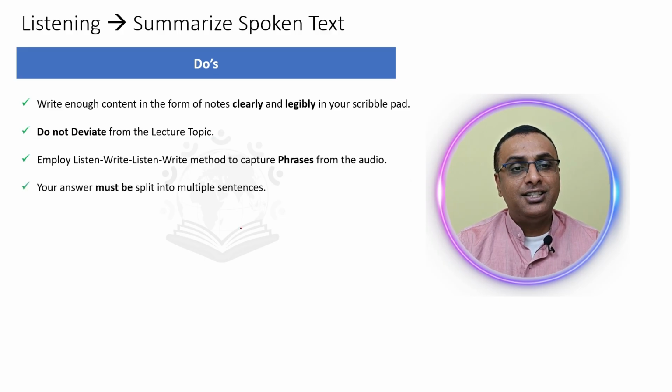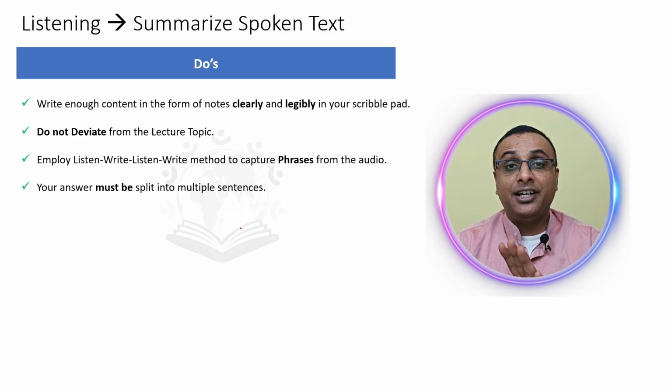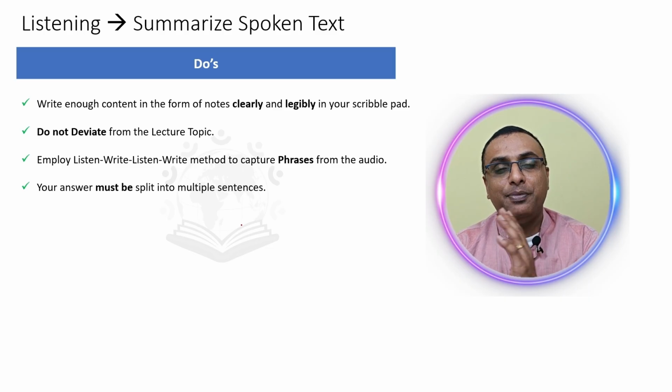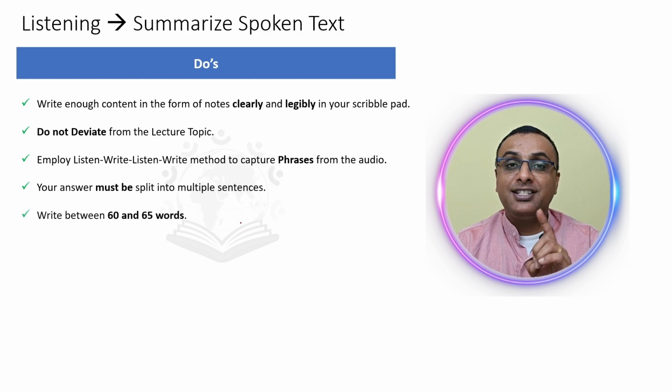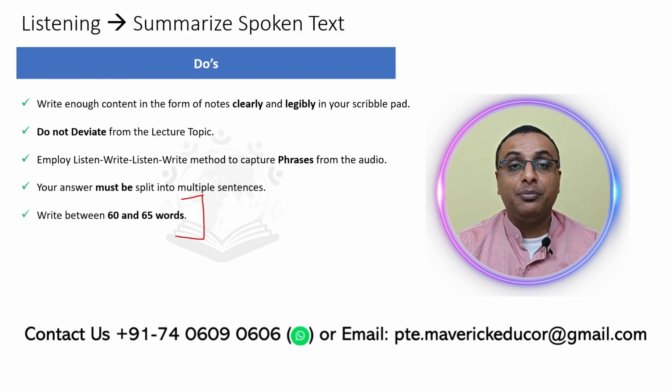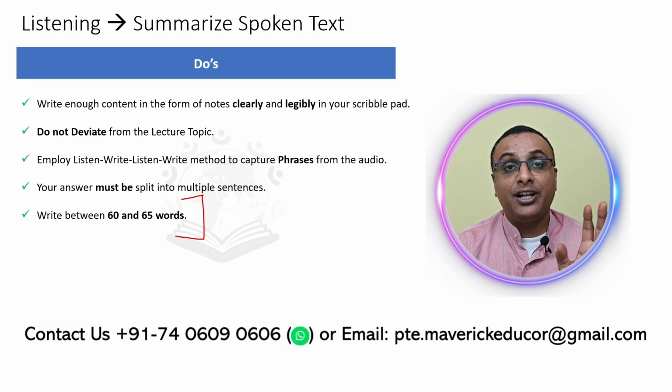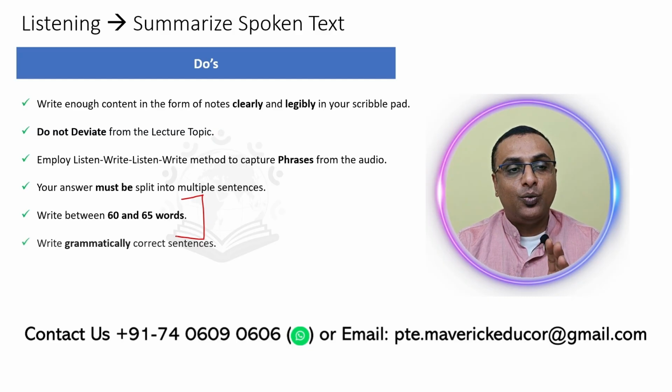Next, your answer must be split into multiple sentences, unlike summarized written text. In summarized written text, you will be writing in one single sentence. Here, you are splitting your entire response into multiple sentences with about 60 to 65 words preferably. This is what we recommend you to write, whereas PTE says that your response must be between 50 to 70 words. Now, write grammatically correct sentences.